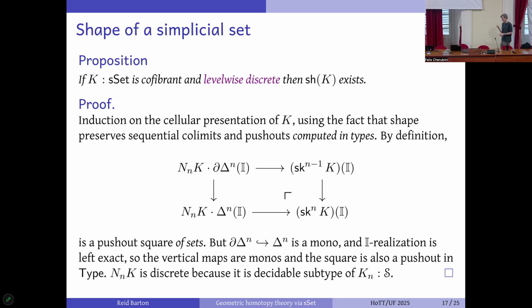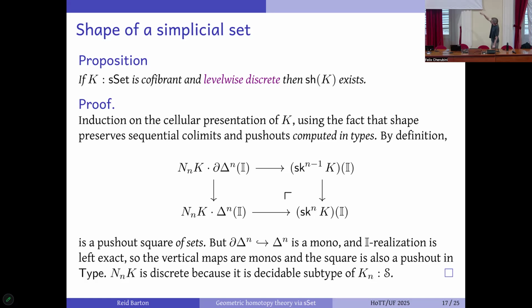But there's a small issue, which works out here. The reason that it works out is that this is not any old pushout of sets. It's a pushout where this left leg is a monomorphism. And pushouts of sets where the left leg is a monomorphism are also pushouts of types in the higher setting. So if I build a pushout in types, it's going to be a set automatically.